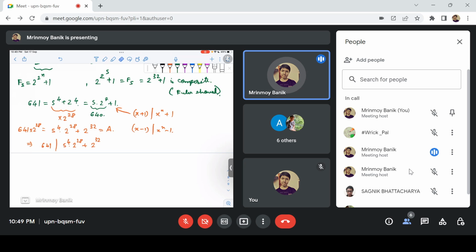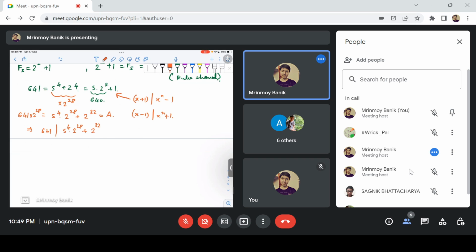Sorry, actually I reversed it. This is minus, this is plus. This comes from the expansion of x power n minus 1 equals x minus 1 times x power n minus 1 plus x power n minus 2 plus up till 1.